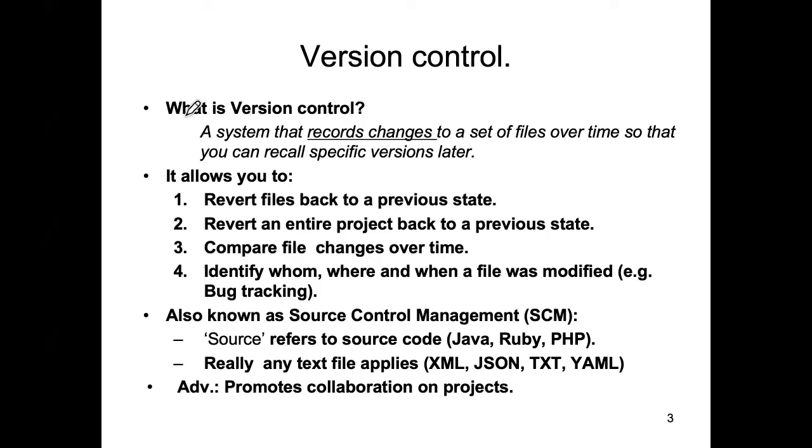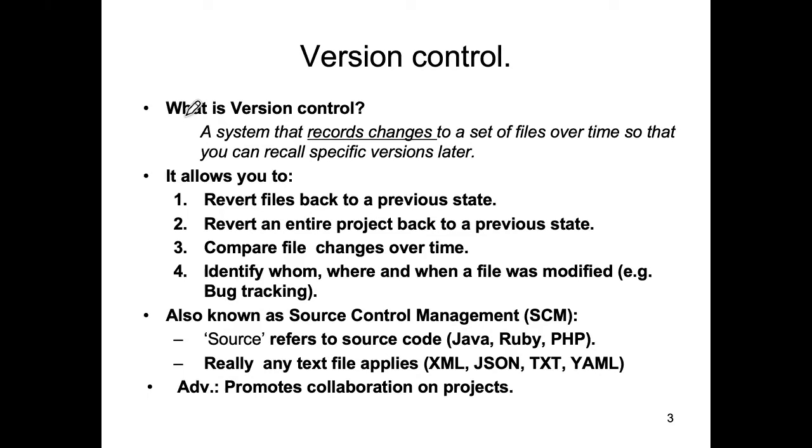So version control systems are about tracking changes that happen to files so that we can reverse the state of a file back to an earlier state if we need to. If we make changes to a file and we want to undo them, then we can easily do that with version control tools.